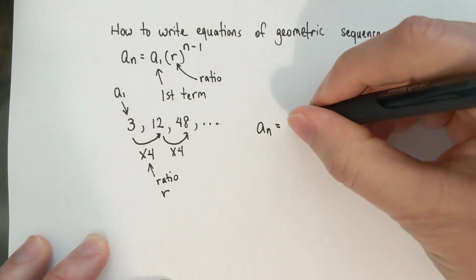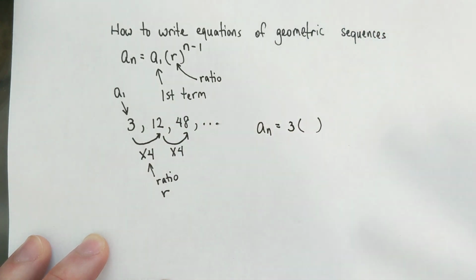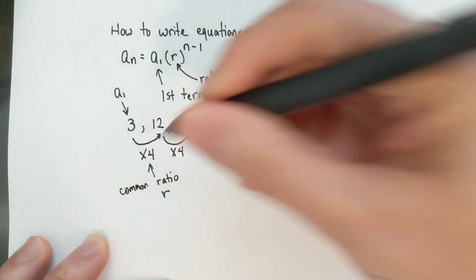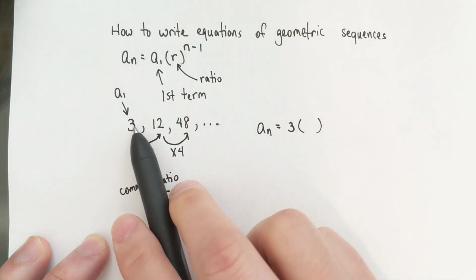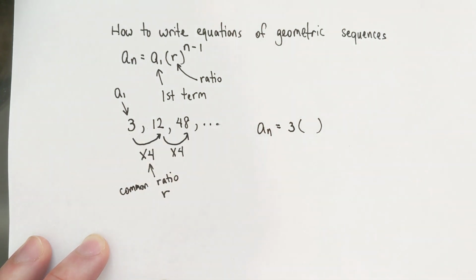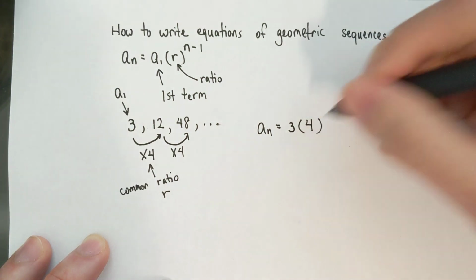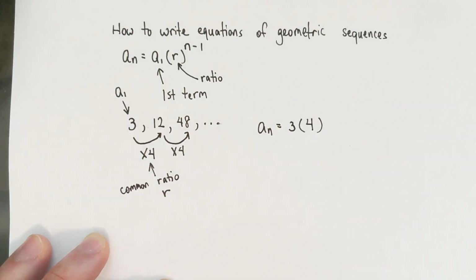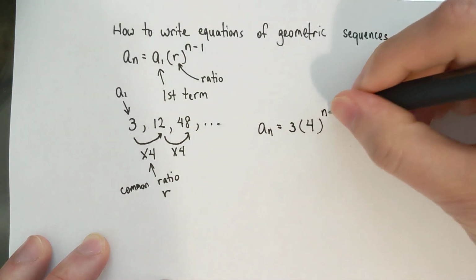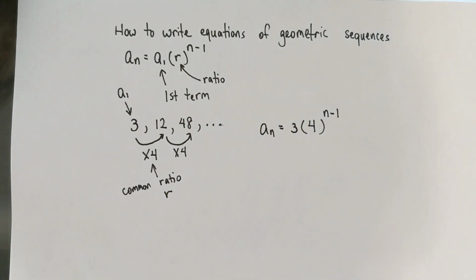So we're going to write 3 times a common ratio, a ratio that is shared by the pattern over and over again: times 4, times 4, times 4. So it is 4. That is our common ratio, 4. And we just copy that to the power of n minus 1. And we are done creating an equation for this pattern.